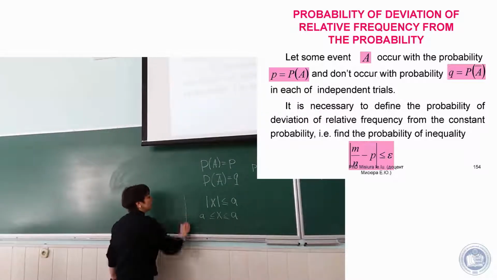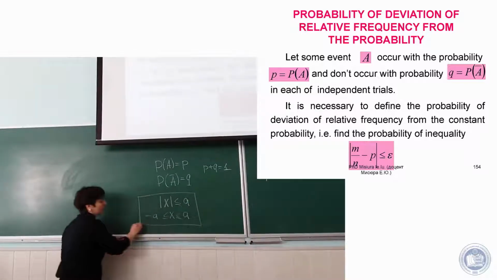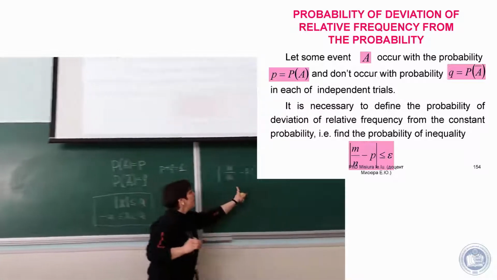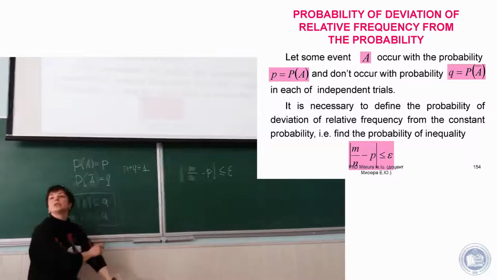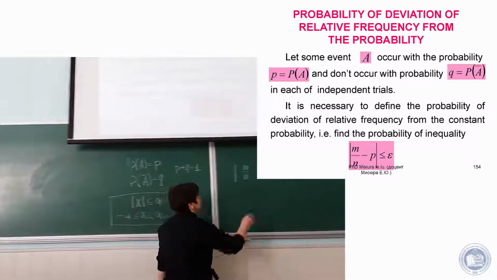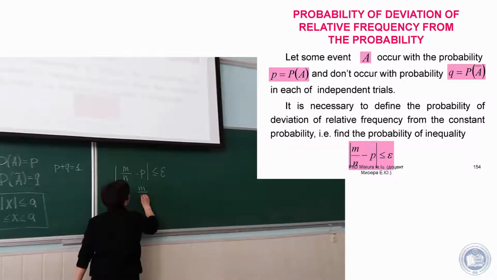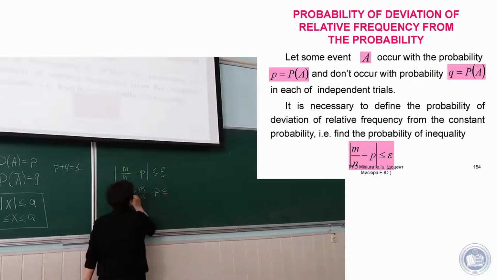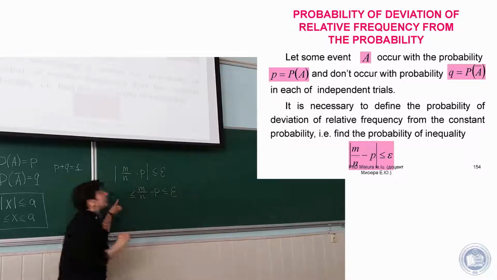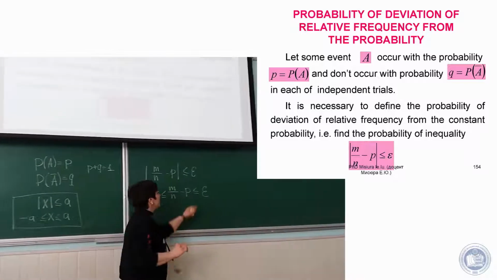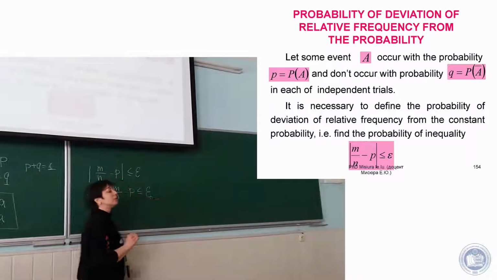Students, it's a rule of higher math like this. How to transform this inequality? It means m divided by n minus p lies between epsilon and minus epsilon. This letter is the Greek letter epsilon.